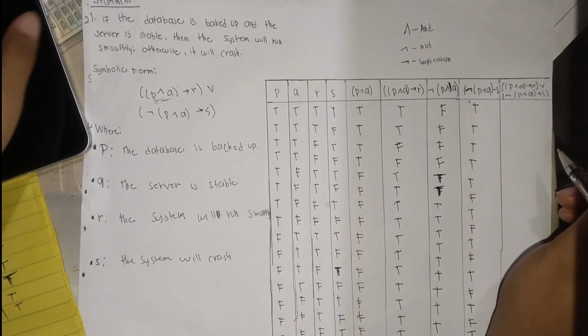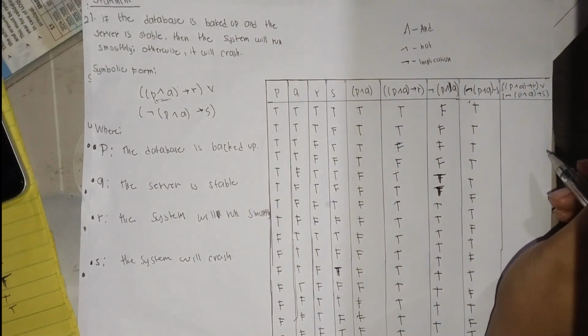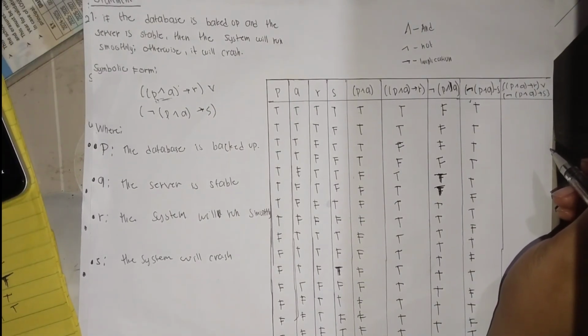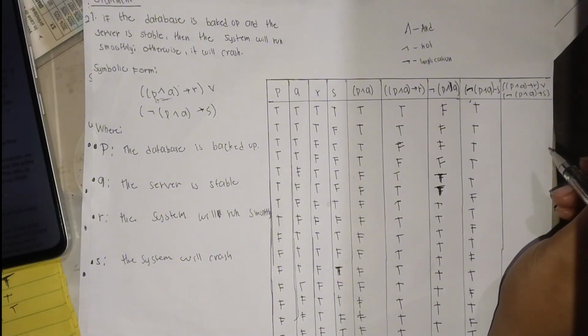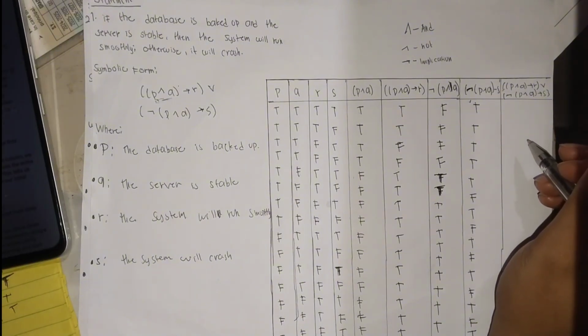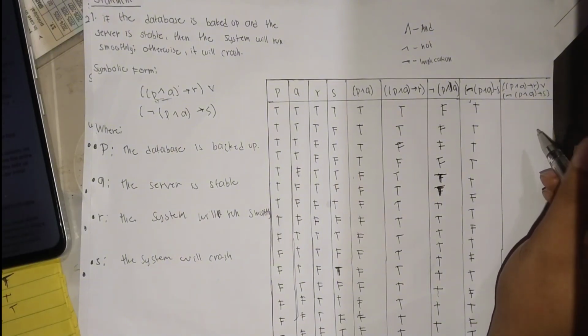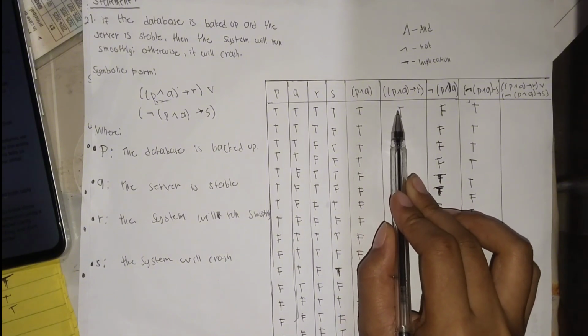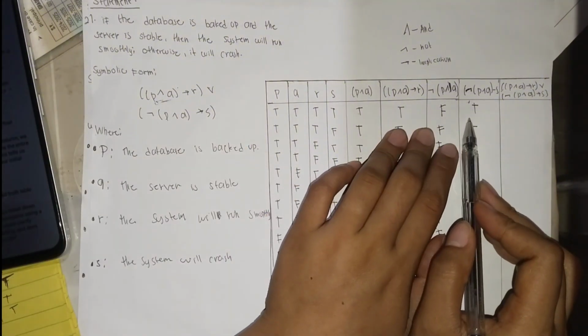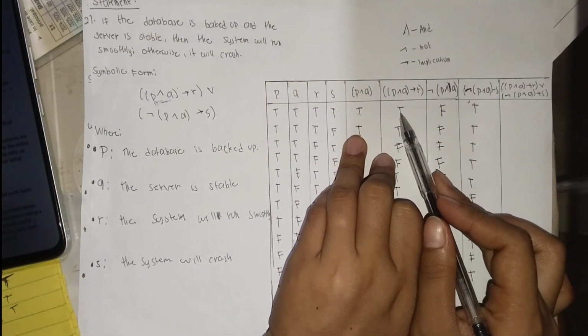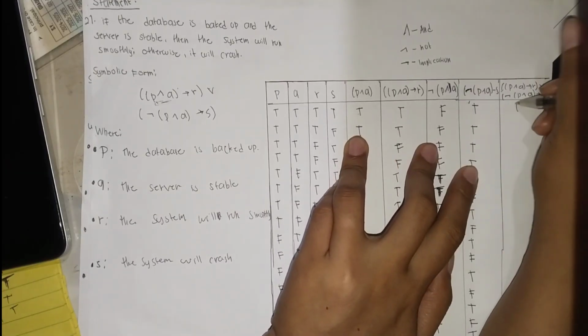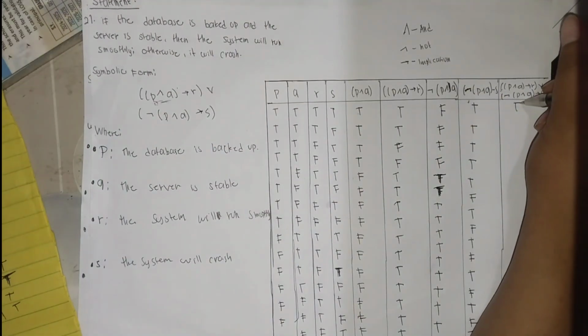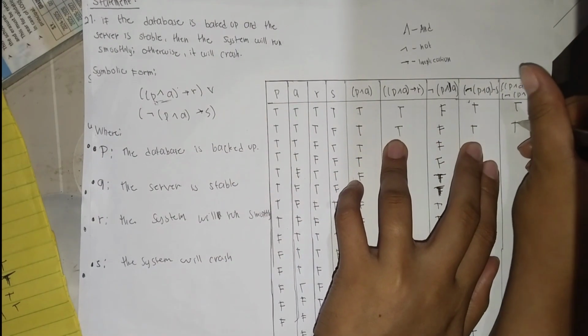So next is the final output. So the final column, this is the end of column 3 and 5. It's only true when both are true. If both are true, then of course we will put true there. Of course true.